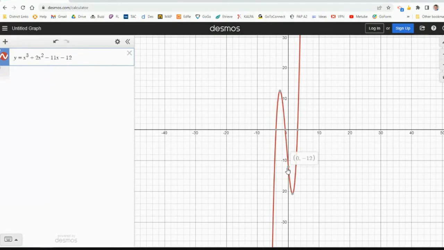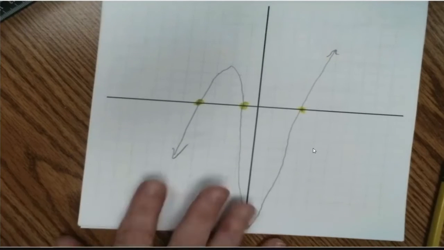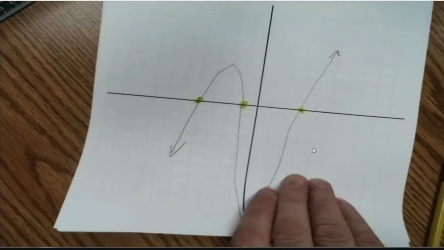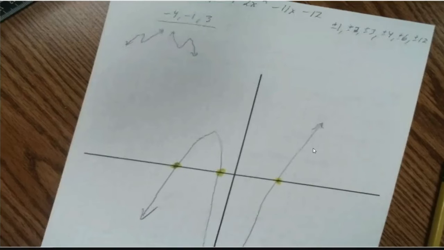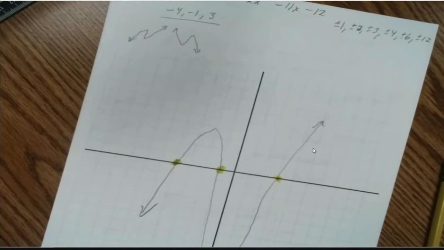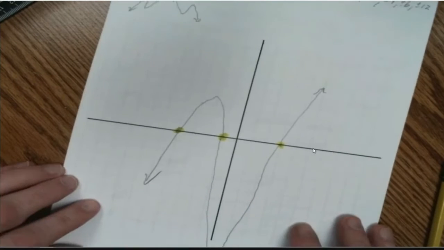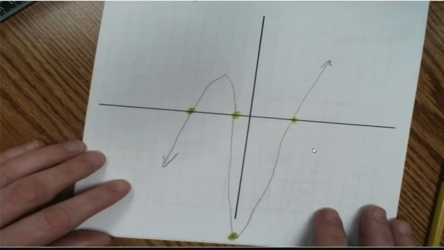We have the same y-intercept. So as long as we have the x-intercepts, 3 x-intercepts, -4, -1, and 3, and -12, if it just says to sketch it and all you have is those points, this is fine. This is accurate. It gives us some idea what the graph would look like. So if it gives us some graphs, we should be able to tell which one is the right graph for the equation.